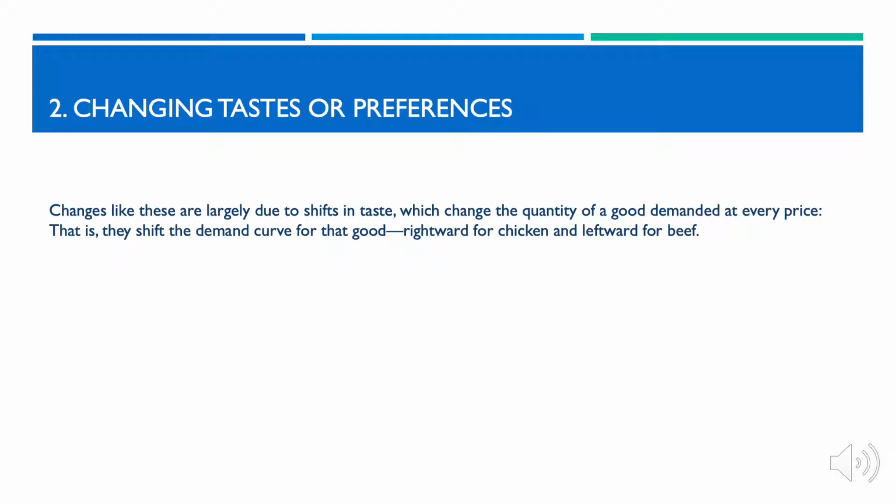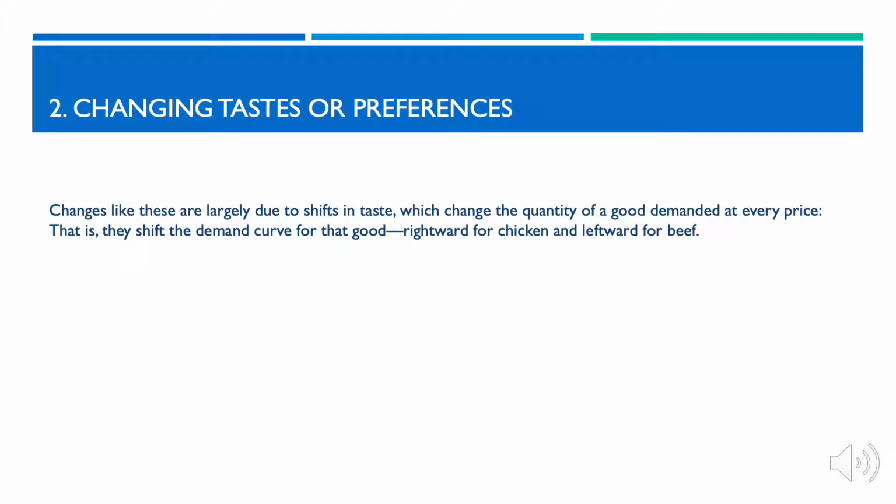All right, changes in taste or preferences. Changes like these are largely due to shifts in taste, which change the quantity of a good demanded at every price. That is a shift of the demand curve for that good. Rightward for chicken and leftward for beef.